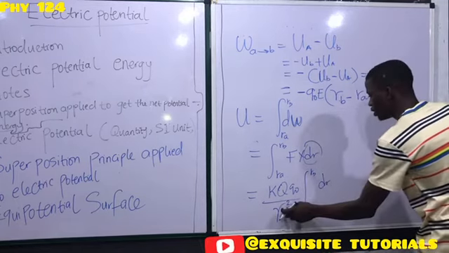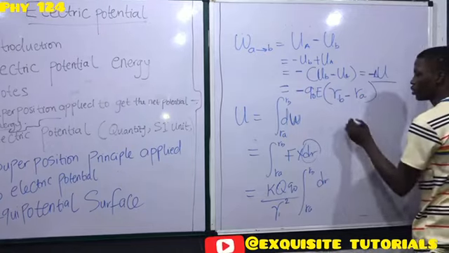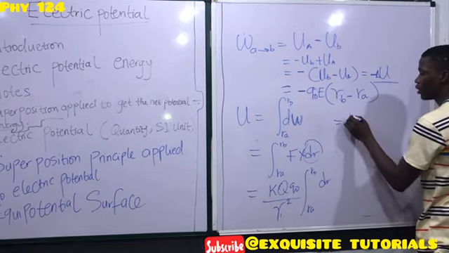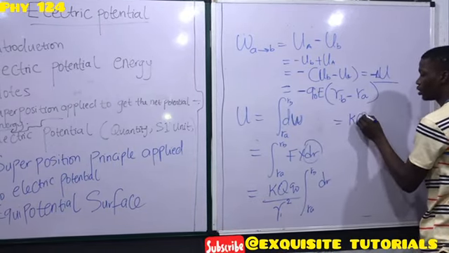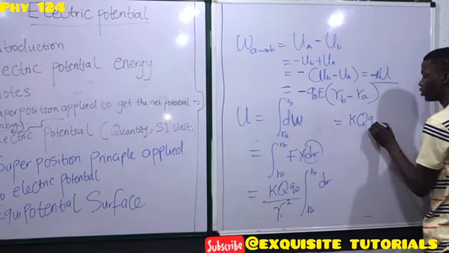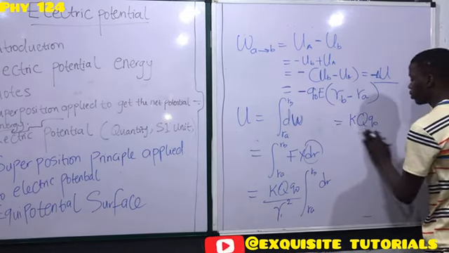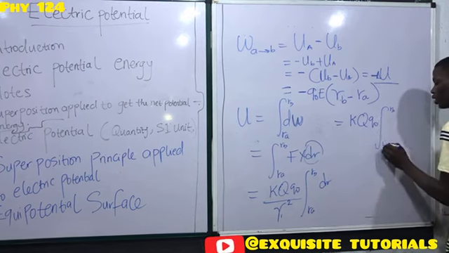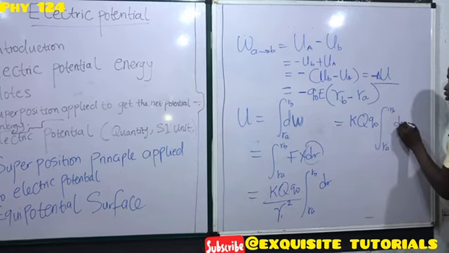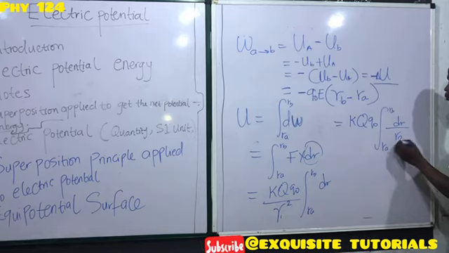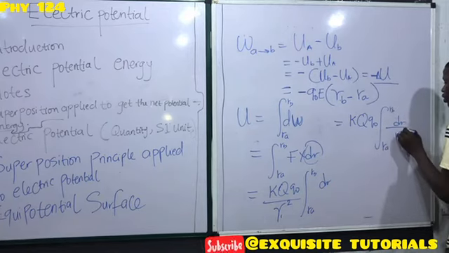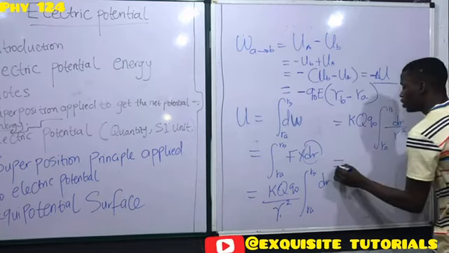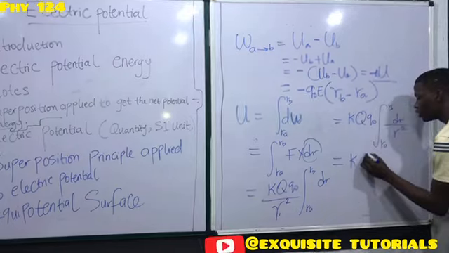For me, I can take the r square here. It will now be equal to K Q Q naught times the integral from r A to r B of dr over r square. If you integrate this, you will end up having this as your answer.